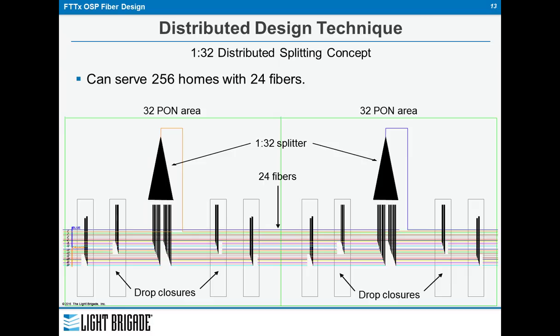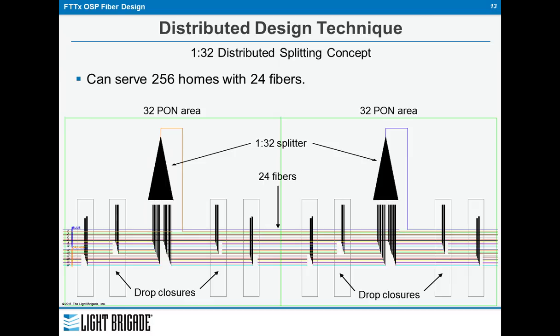The most important thing to take away from this slide is that as we move from right to left going downstream, in the next PON area, the fibers that we used for distribution in the first one become available for use in the second one. The only dedicated fiber is orange out of blue tube, which is feeding that second PON.